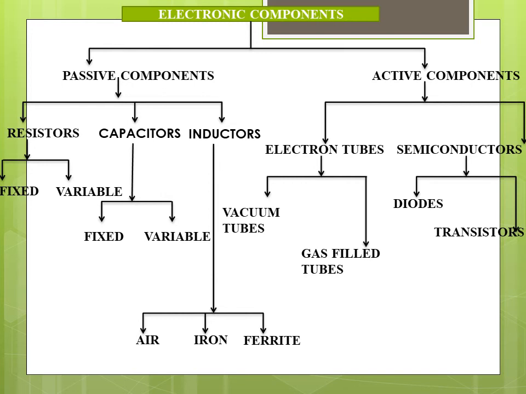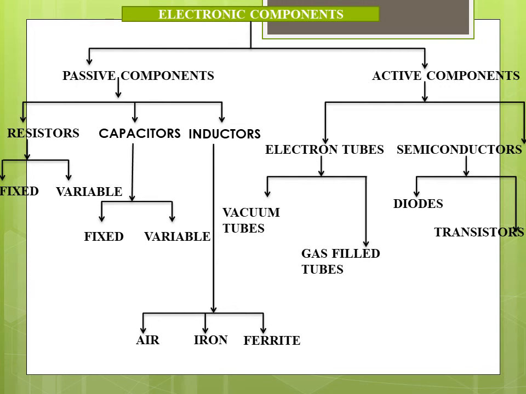Now in this entire tree diagram, we are not going to discuss in detail the electron tubes, because since they have been replaced by semiconductors, in this lesson we are going to learn in detail the concept of semiconductors, that is diodes and transistors.